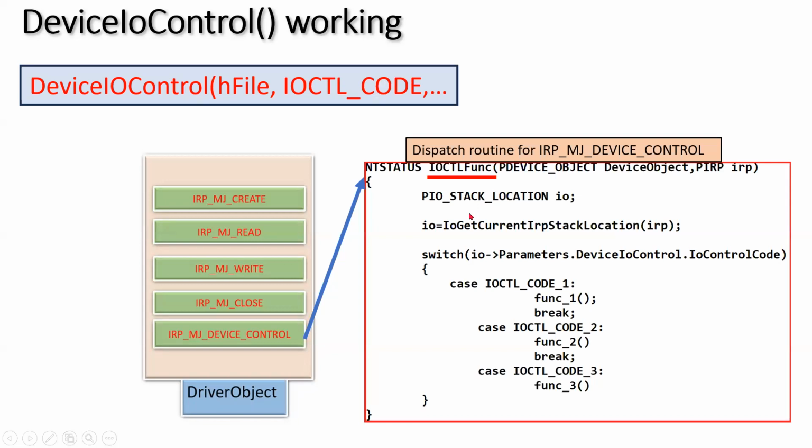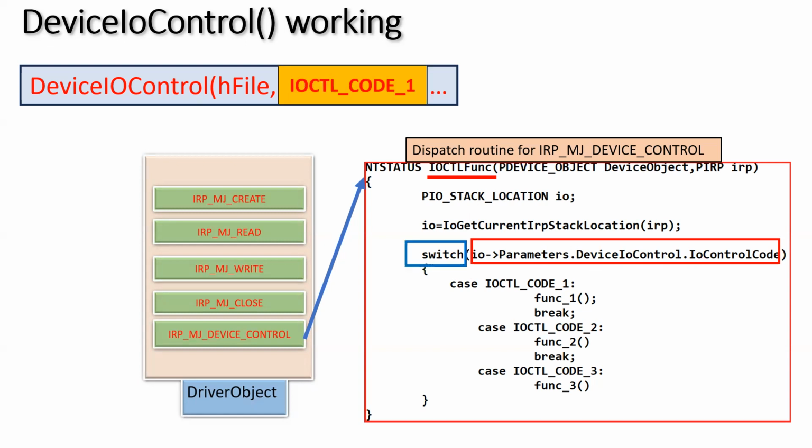Now, there is a switch statement here, which takes the parameter, which is the control code. Suppose your IOCTL code is IOCTL_CODE_1. There is a case statement which sees that the IOCTL code is IOCTL_CODE_1, so it executes the code under this case statement, that is function_1.